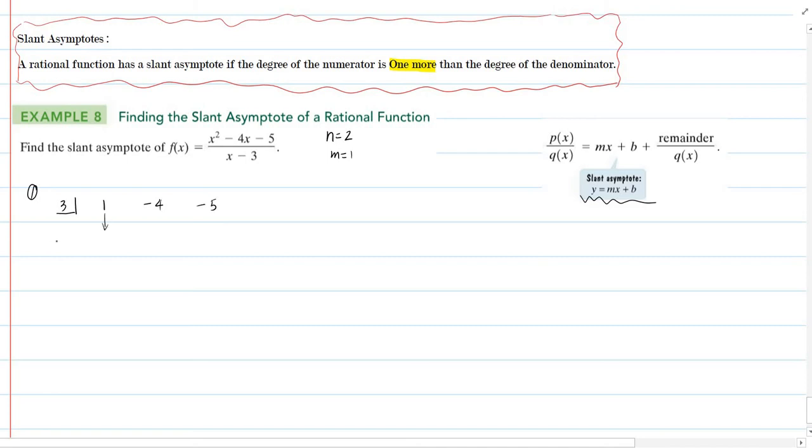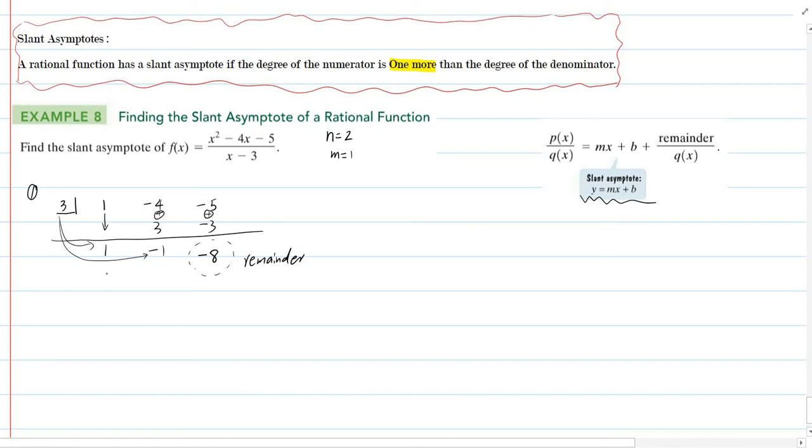Once we do this, we're going to drop the 1, just in case you forgot, and multiply, and then we'll add. That will be -1. So we'll multiply one more time, and then add, and that'll give you -8. Remember, this is your remainder. This is your constant term, and this is your x.